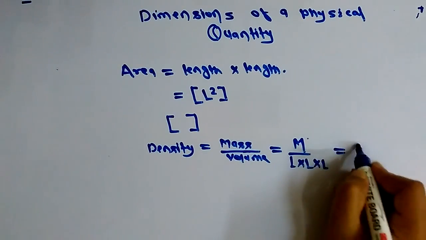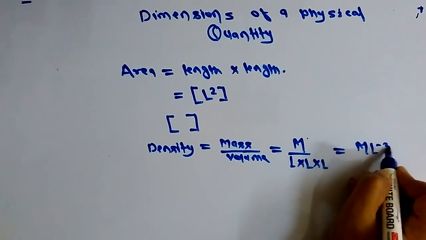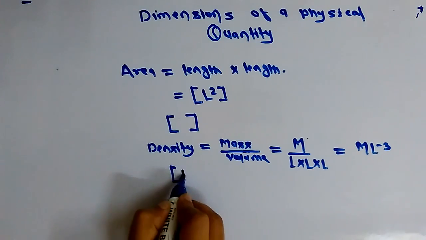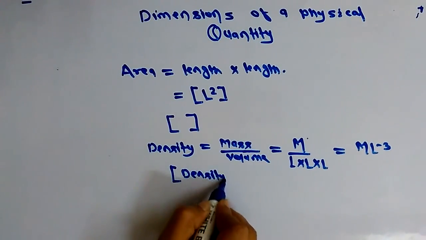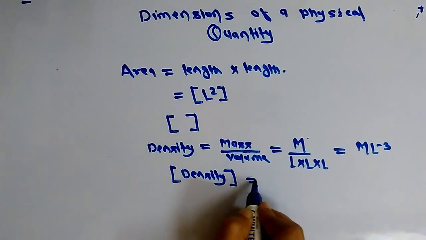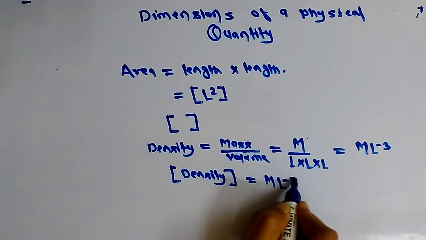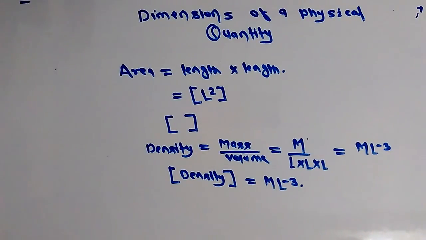So the dimension of density can be written as M L to the power minus 3. There are a number of physical quantities of which the dimensional analysis can be done.